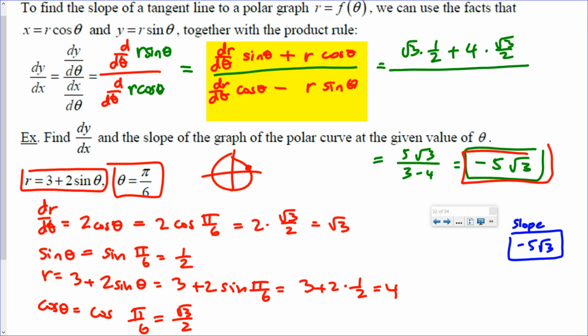You divide all that by, it's just a plug-in: dr d theta, square root of 3, times cosine theta, square root of 3 over 2, minus r, 4, times sine theta, 1/2. And then you simplify this. On your test, you'll get the most credit for just putting this in, if I can see your work. Most people don't get credit for the next step because they do it wrong, and that's okay.